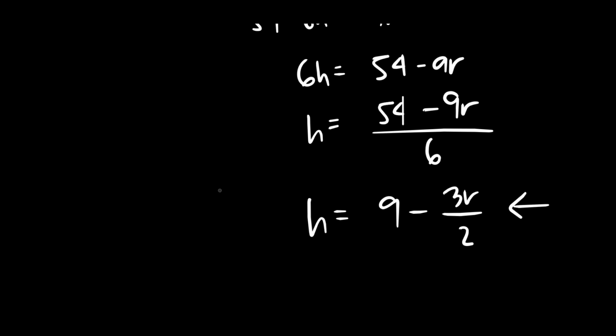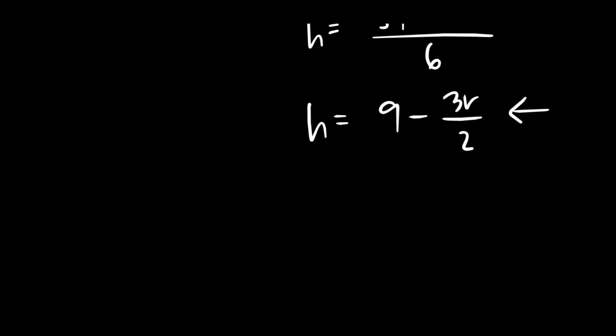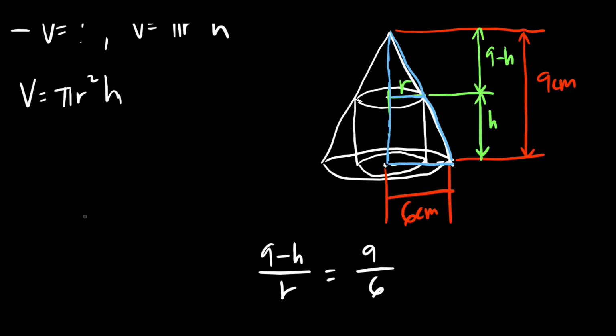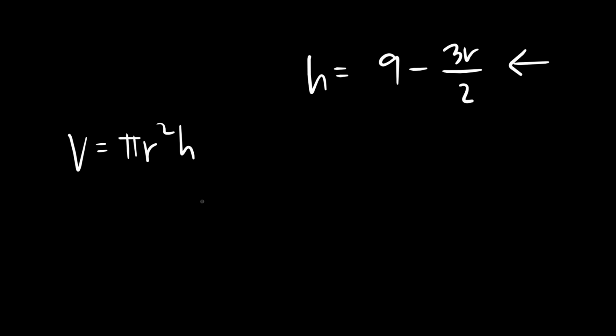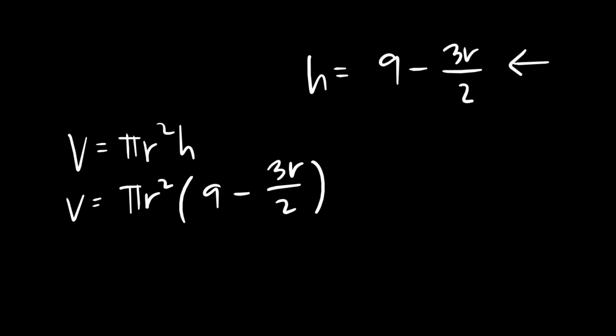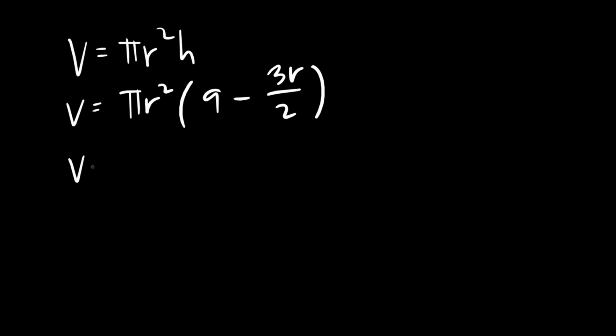So we have h in terms of r. We'll substitute it into the volume so that we can now maximize. So volume is pi r squared times height, then V equals pi r squared multiplied by (9 minus 3r) over 2. So we'll distribute. V equals 9 pi r squared minus 3 pi r cubed all over 2.